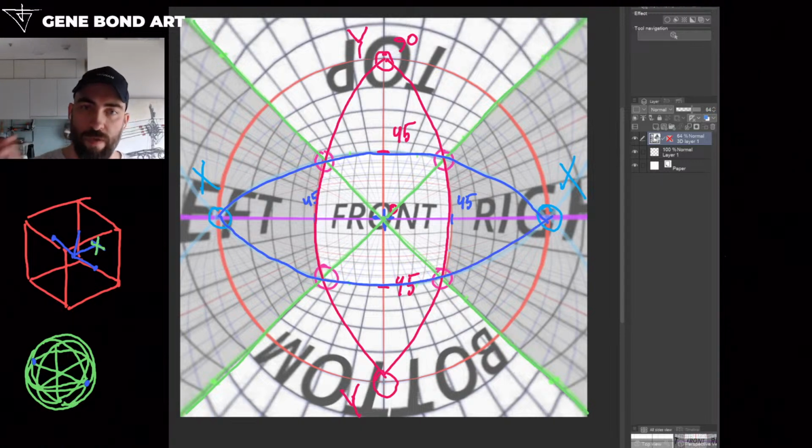So the intersection of three axes will make this 45-degree direction, both horizontal and vertical rotation.